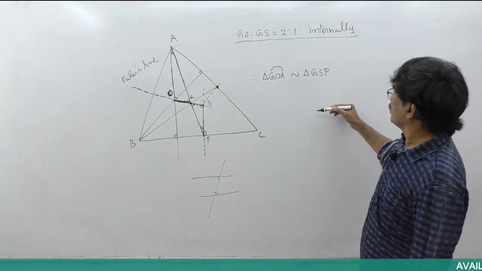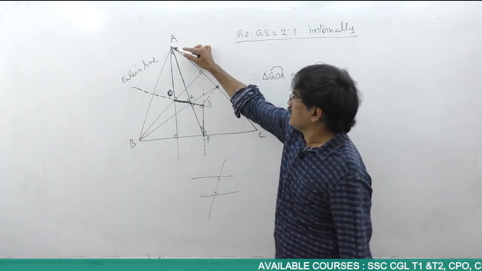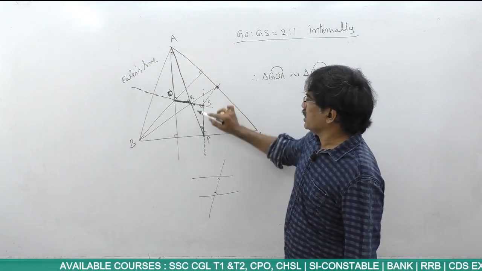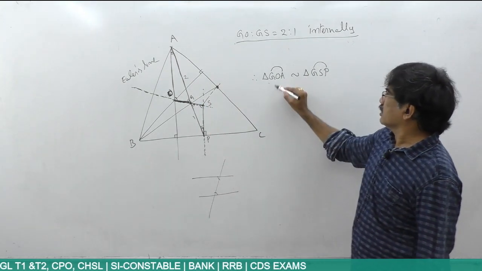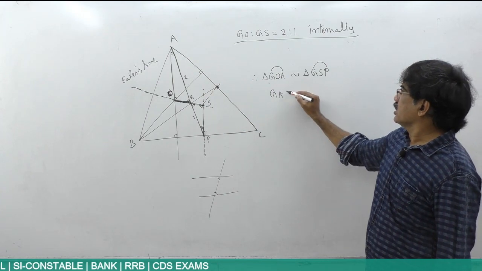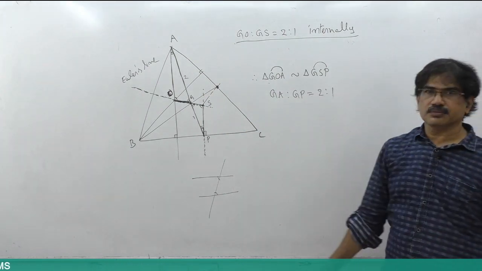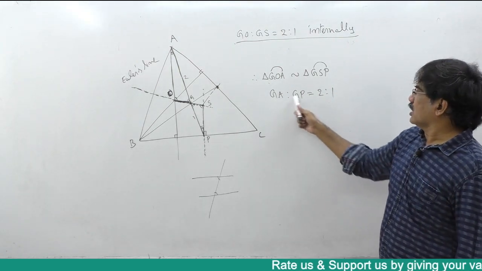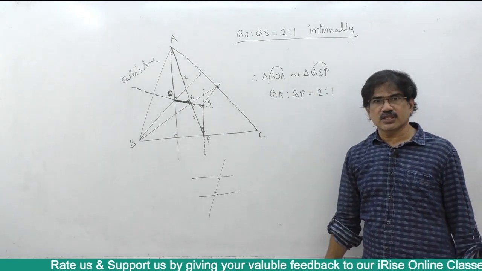AG is to GP. If this is the median, median is divided by centroid in the ratio 2:1 internally. Here GA is to GP is equal to 2:1. If these two are in the same ratio 2:1, the remaining corresponding side is also in the same ratio.